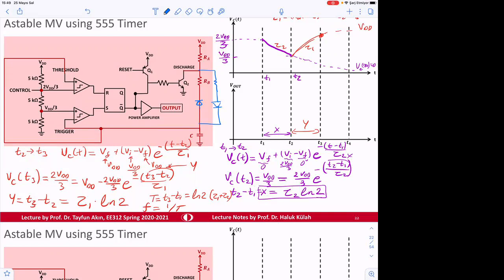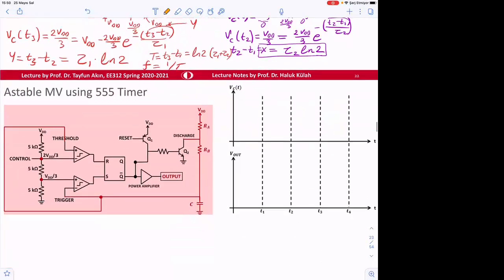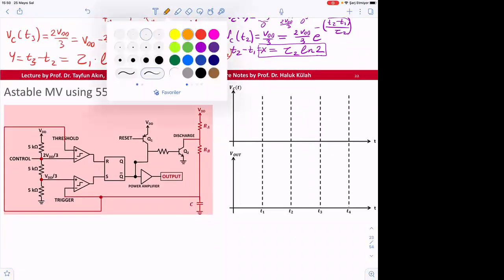Maybe this was RC. So charging could be done through here, and through another element. Maybe I shouldn't have drawn it there. I am going to take it back here. Okay, maybe in this one.